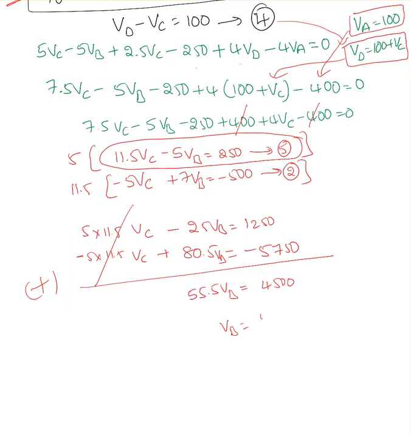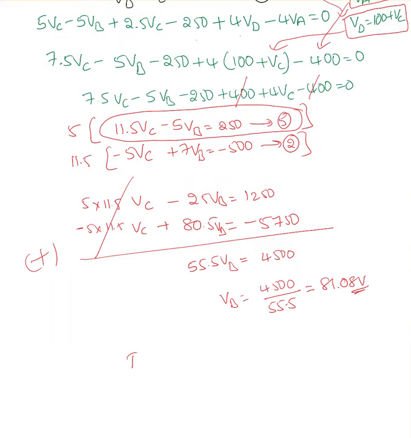So VB equals 4500 divided by 55.5. That value is 81.08 volt.